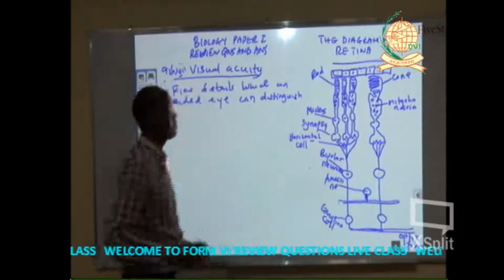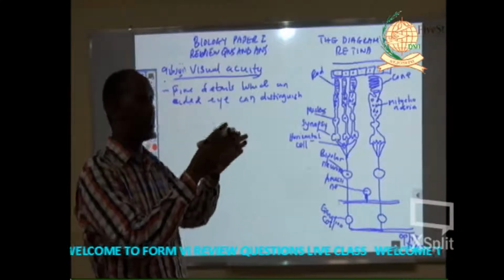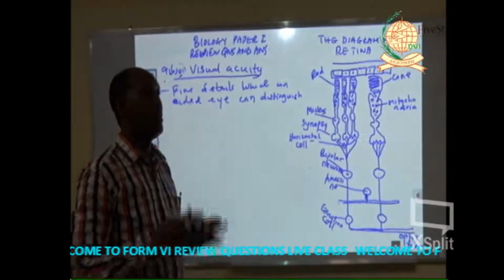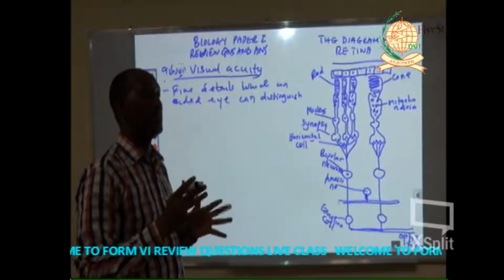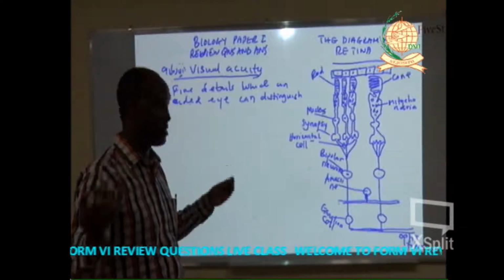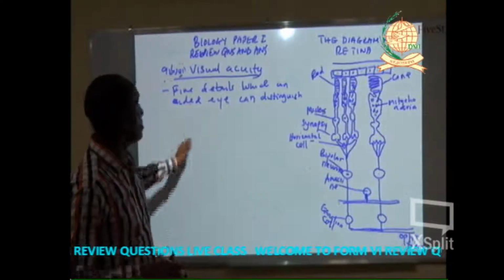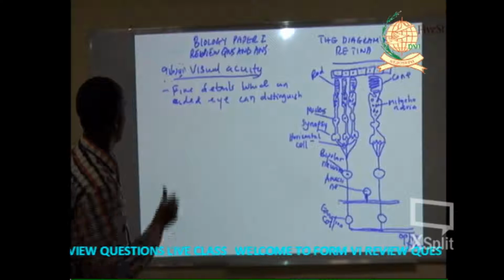For example, when my eyes are directed to that thing there, I can see it very clearly. But things from my side, I cannot see well. I can see, but it is blurred. So that is called visual acuity.